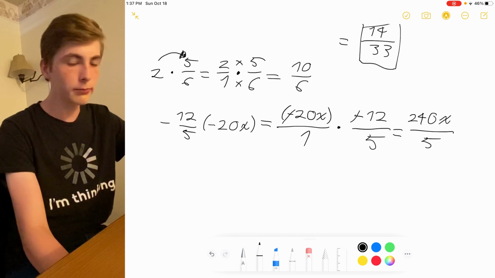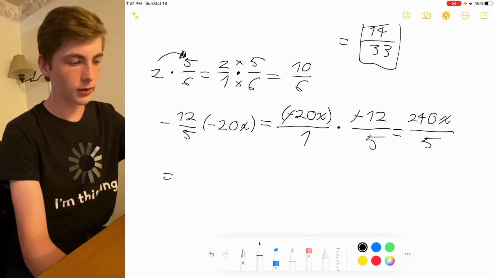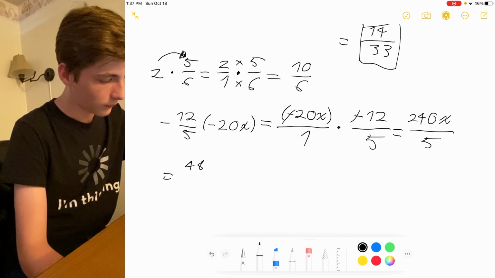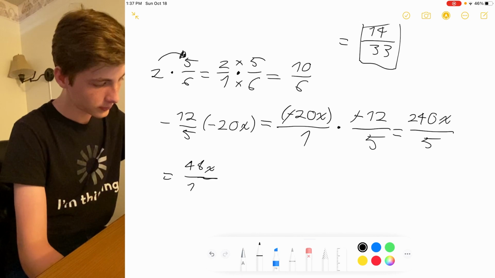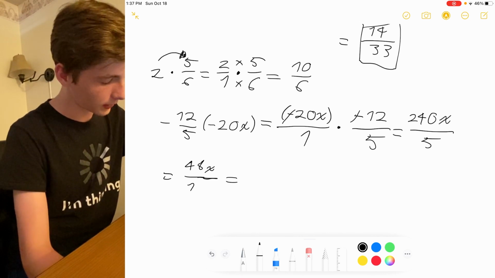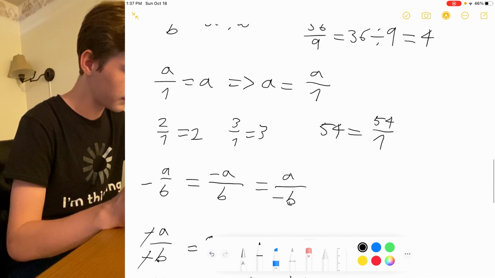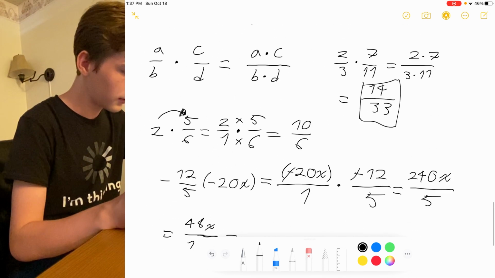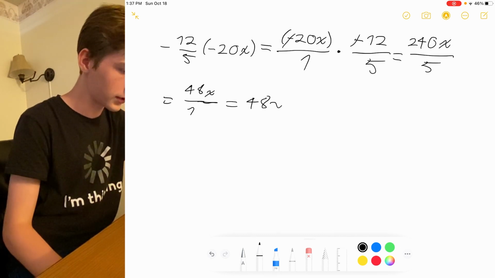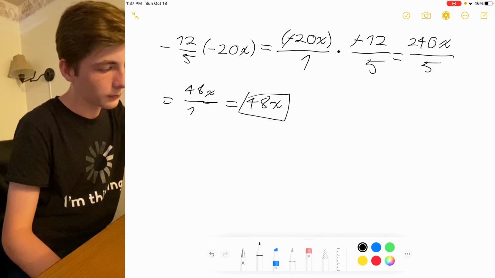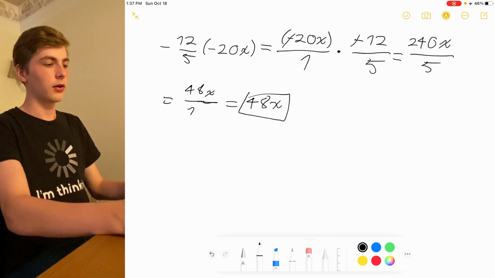We can simplify this now, because 240 divided by 5 is 48 over 1, and we still have that x. Because of what we talked about up here, we know that 48x over 1 is just equal to 48x. So that's another longer example of how this works.